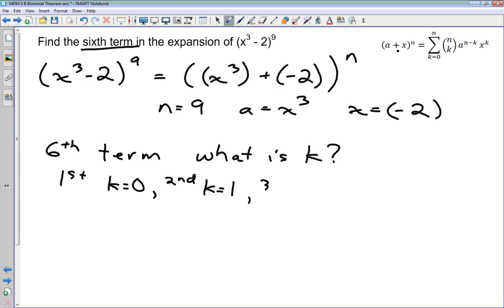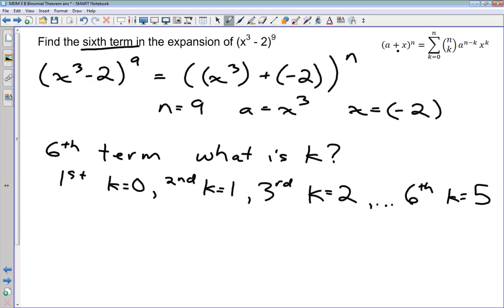For the third term, k equals 2, and so on and so on. So if we want the 6th term, what is k going to be? It is going to be 5. It's going to be 1 less than this number that we've been using to identify the number of the term. Okay? So k equals 5.